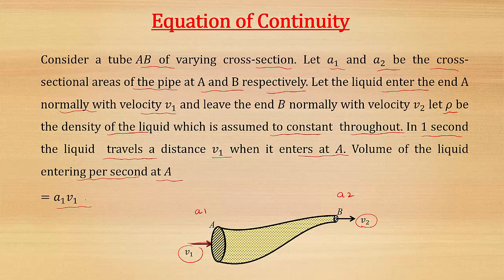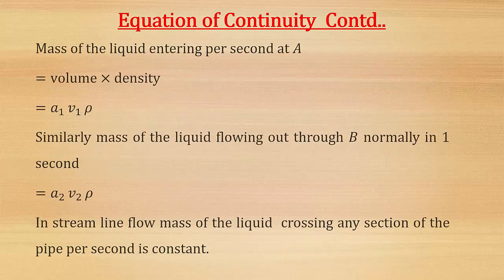Volume means length into breadth into height. Length into breadth gives the area, at point A it is A1. Height is equivalent to distance, and the distance travelled is V1. So the volume of the liquid at point A is A1 V1.